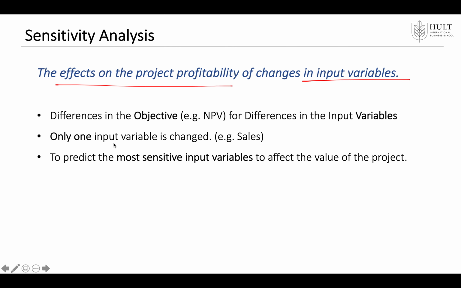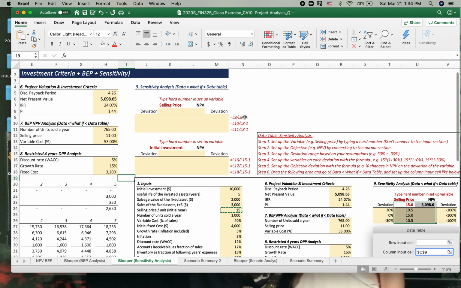Only one input variable is changed. If we change the sales, how much deviation will fluctuate in the objective, for example NPV. Then we predict the most sensitive input variables, because we want to know the uncertainty related to one of the input variables.